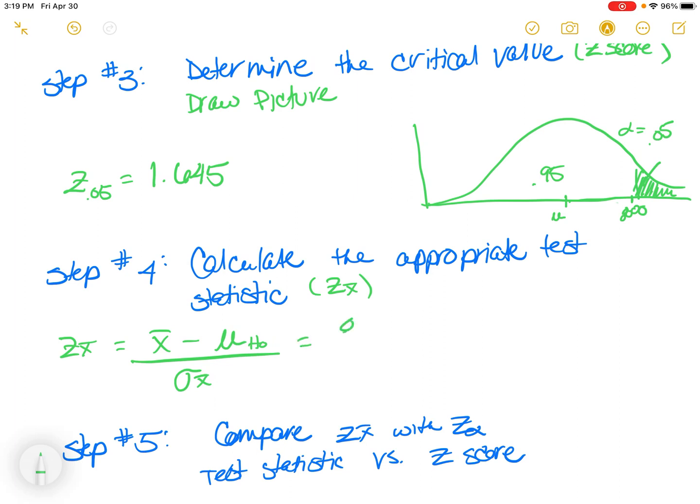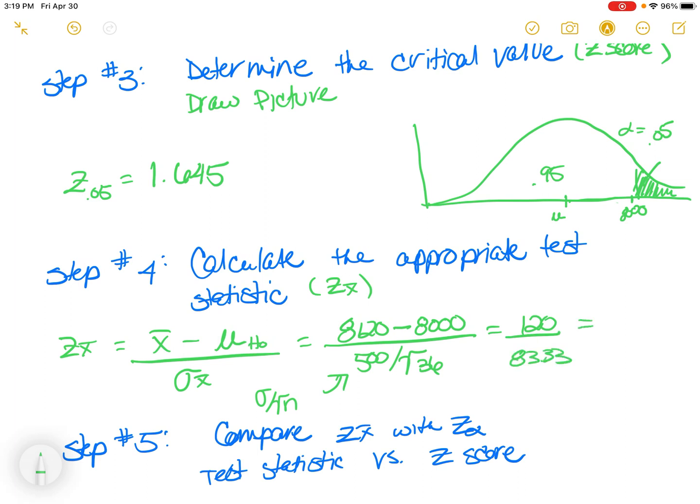So this is 8,120 minus 8,000 over 500 divided by the square root of 36, because remember, this is now divided by the square root of n. This gives us 120 divided by 83.33, which is equal to 1.44. So our test statistic is equal to 1.44.